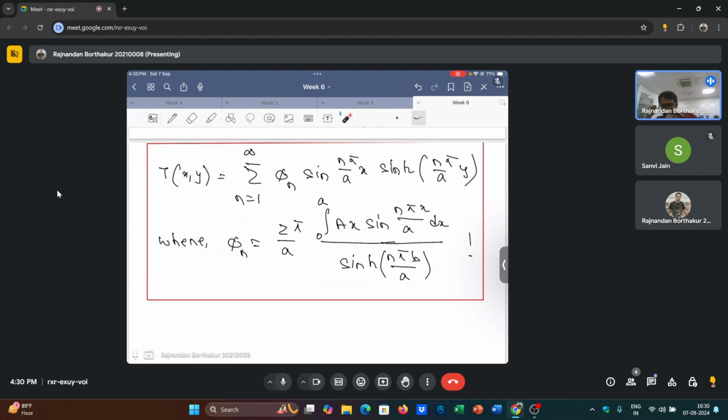It is not a function of x and y, because there is no y dependency here, and the x dependency is removed by this integration. I have not done this integration here. At your home, you can try it out using integration by parts. If you do this integration, you will just end up getting a number here, which means your phi n's are just numbers, and of course they are dependent on the integer value of n. Okay, that's the idea.